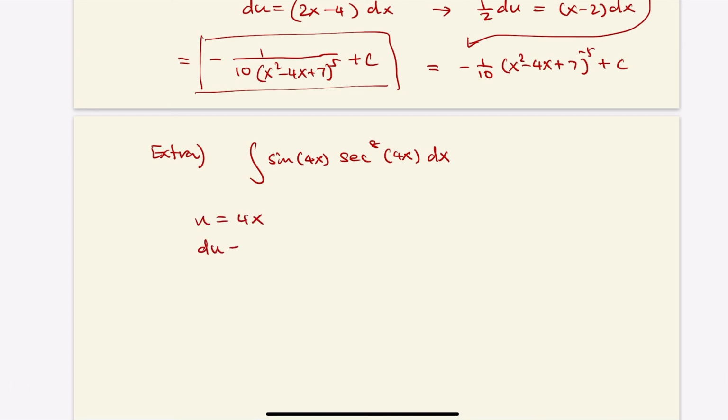So du equals 4 dx. So this expression changes to sine u times secant eighth power u. Instead of dx, 1 over 4, you can take it out, du.